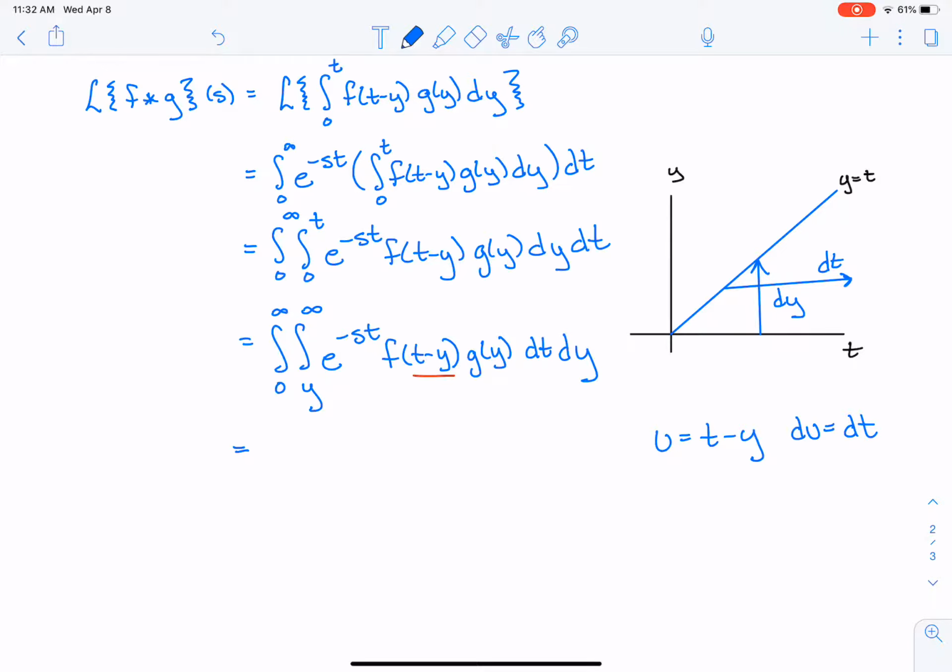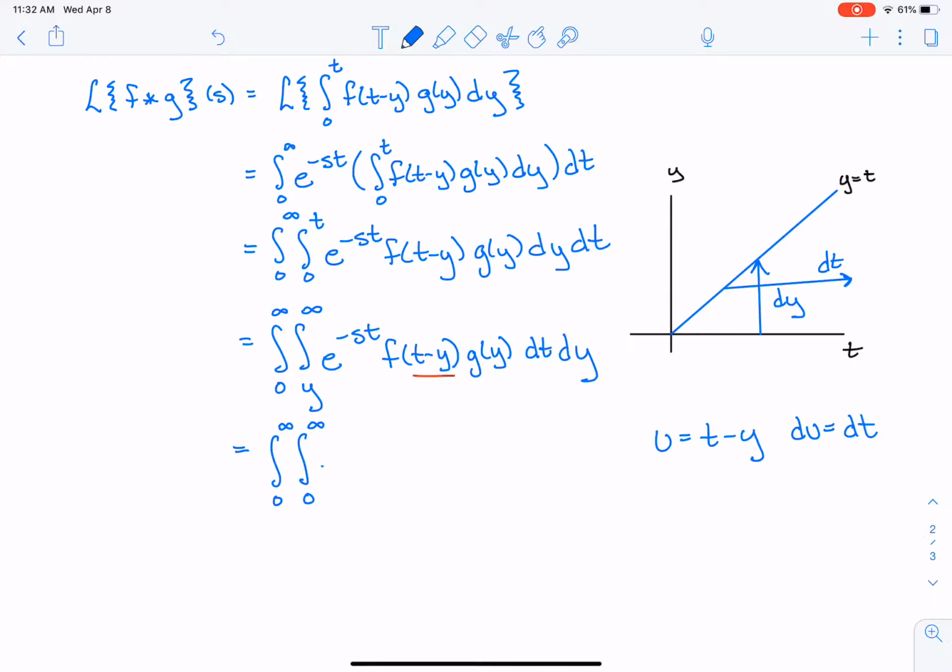So this becomes the integral, and the outside integral stays the same. It's from 0 to infinity. But now I'm replacing a t with a u, so notice if u is t minus y, then y minus y gives me a 0, and then infinity minus y gives me just infinity.